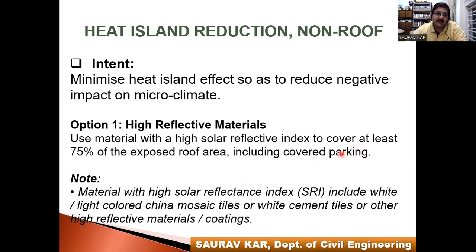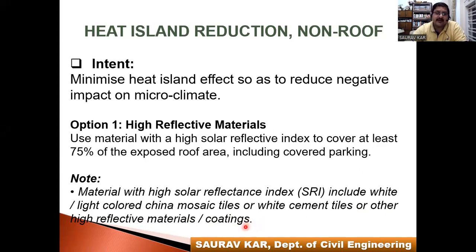It can be paint, it can be tiles. Materials with a high solar reflectance index, SRI, include white or light colored China mosaic tiles or white cement tiles or other reflective materials or coatings. We see in many cities in India, reflective coatings are also used on roads, though mainly on roads it is very costly.